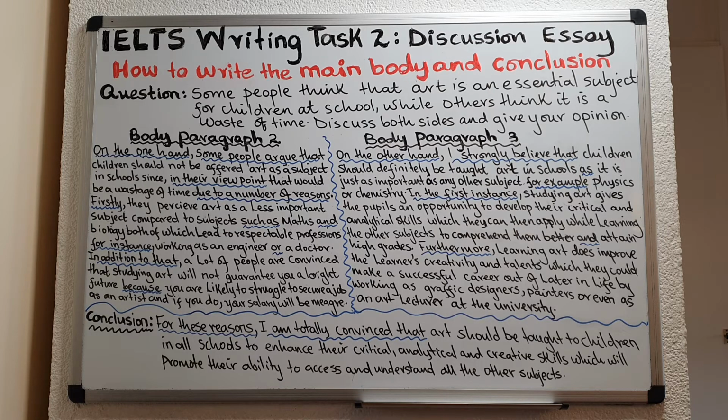So while I'm discussing the second opinion in body paragraph 3, I also make it clear to the examiner that, hey, that is also my opinion. And I do that by using the words, I strongly believe that. On the other hand, I strongly believe that children should definitely be taught art in schools. And then after that, I gave reasons as to why I think art is an essential subject.